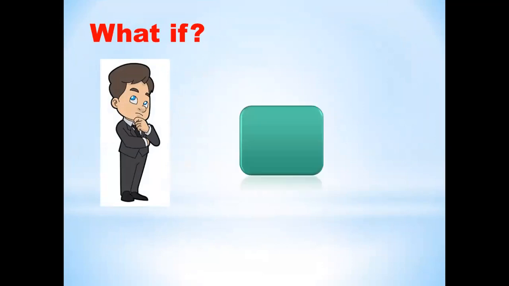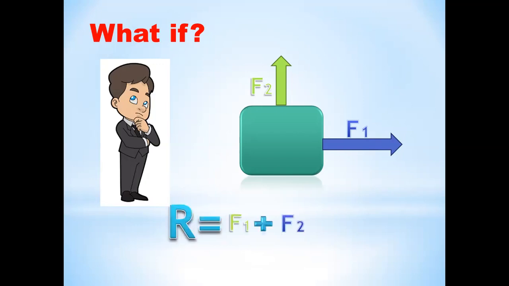Now, what if I have a box and I'm going to apply two forces on it, but the two forces are not equal, they are not in opposite directions, and they are not in the same direction? Now, I have two forces like this. What will be the resultant force? The resultant force will be F1 plus F2.